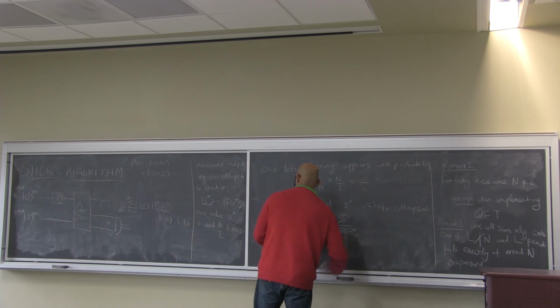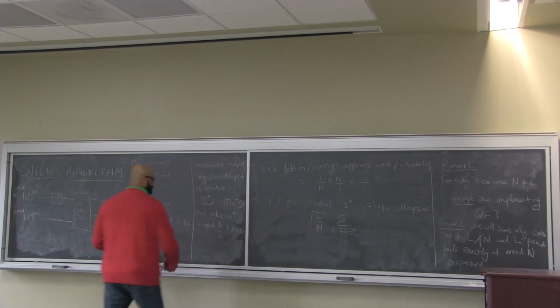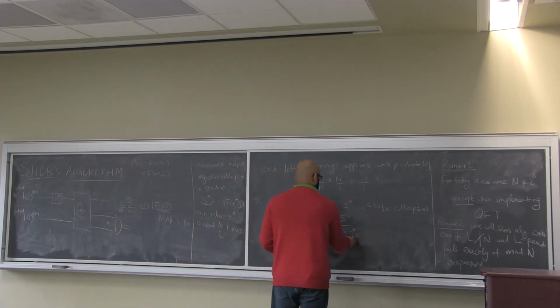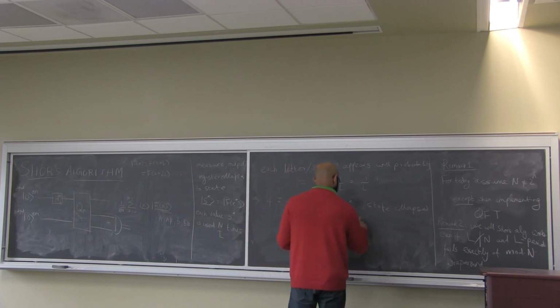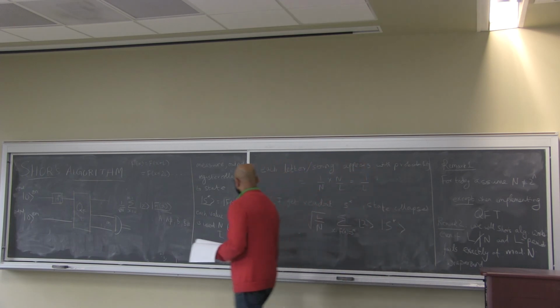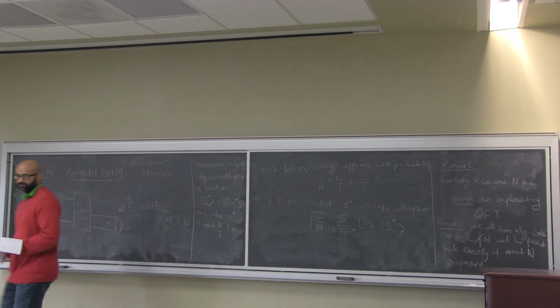Just like in Simon's algorithm, all those values that are possible for f of x equal to S star, those values of x will be in the input register, and in the output register will be the value of the S star that we want. Is this part clear?